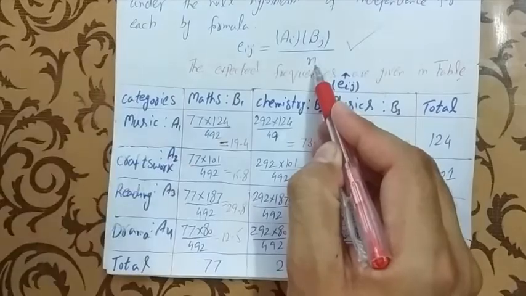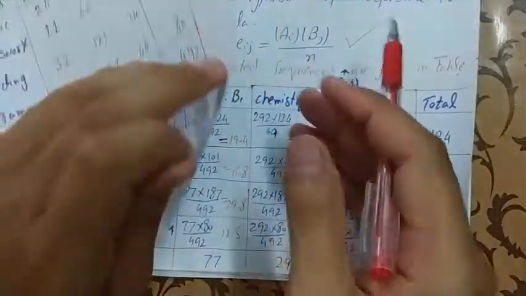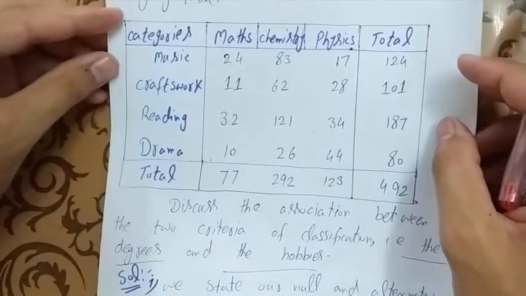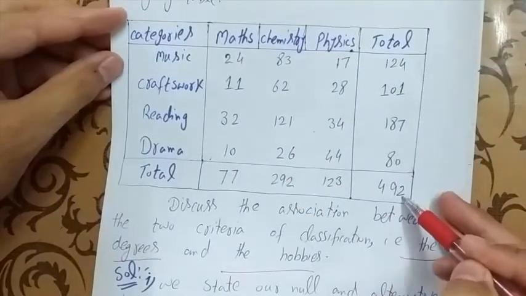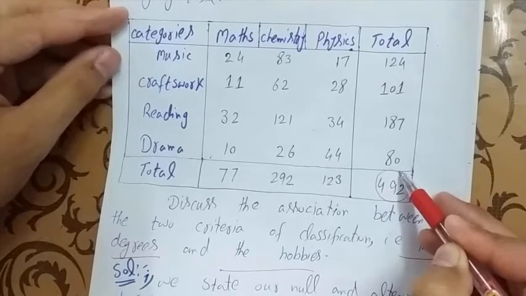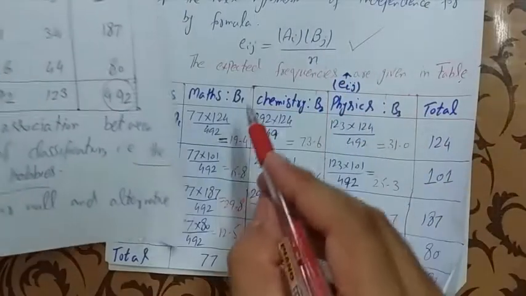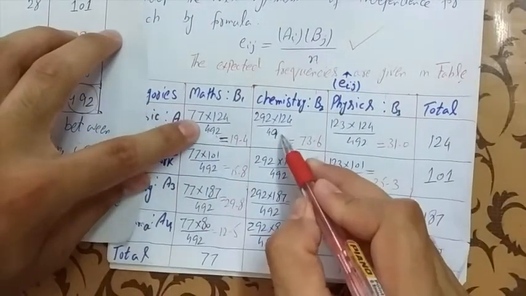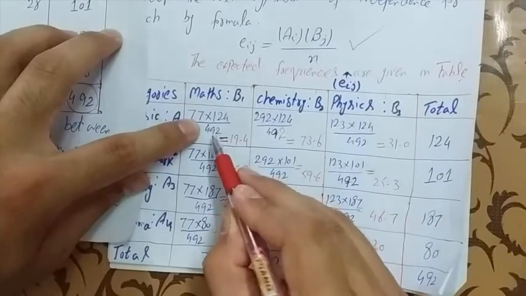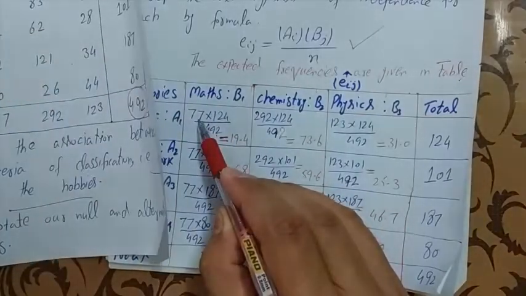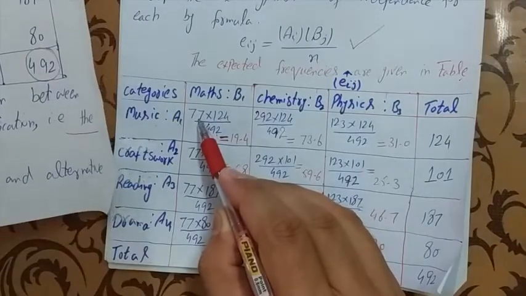Divided by the total number of observations. Dear students, in the problem the total number of observations is 492, which we write in the denominator. A_i shows the row total.